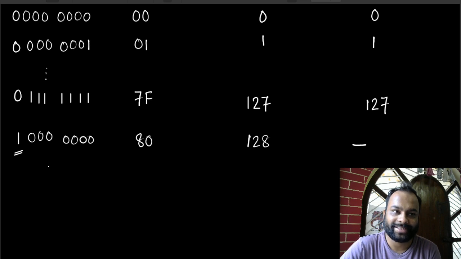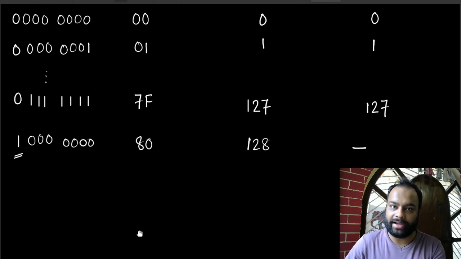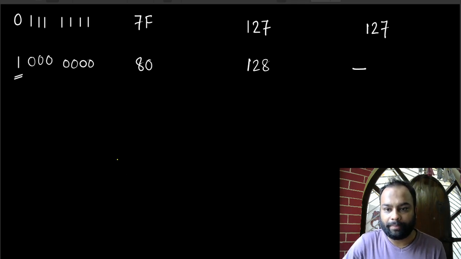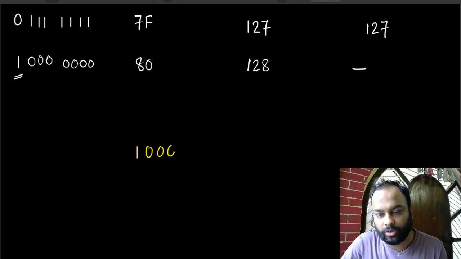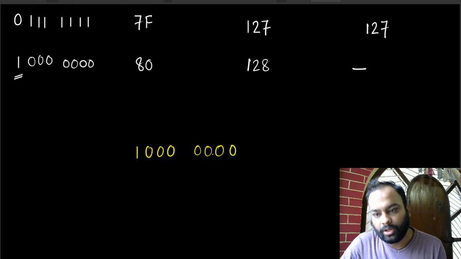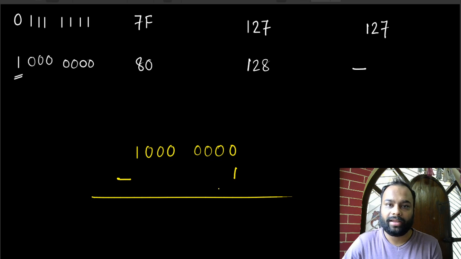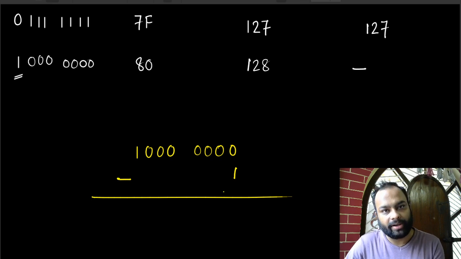Can anybody shed some light on this? This number, 10000000, is someone's 2's complement. So let's subtract 1, and I will get the number whose 1's complement. Right?